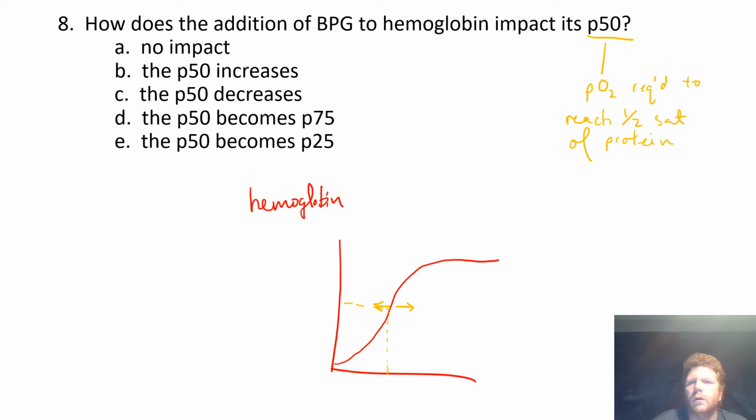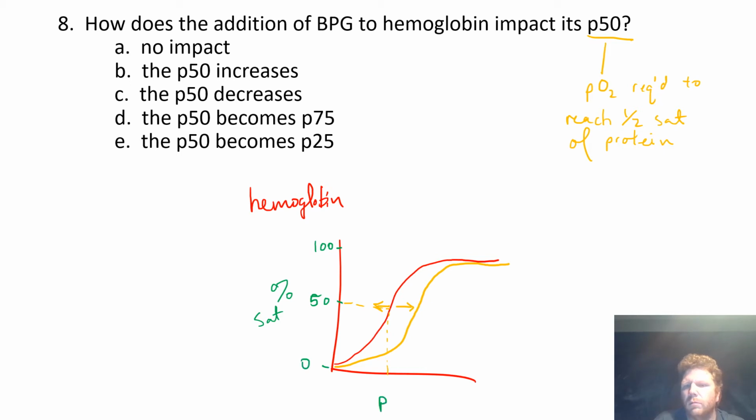Okay, now what we see with this is in the presence of BPG, hemoglobin's oxygen binding curve actually moves to the right. And so our oxygen binding curve will look a little bit like that. Now, whenever we see that, what does that mean for our P50? So our percent saturation is on our y-axis, 50%, 100% up here, 0 down here.